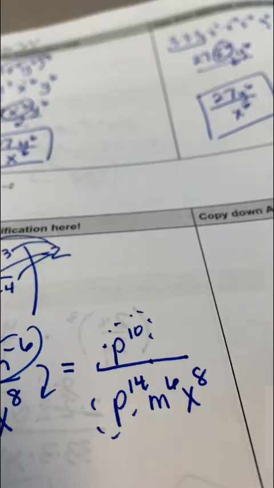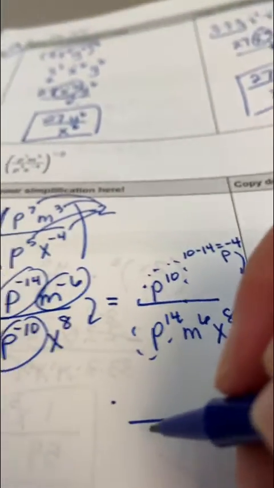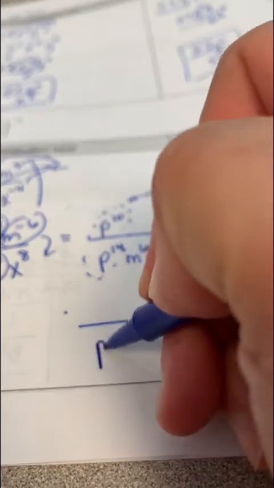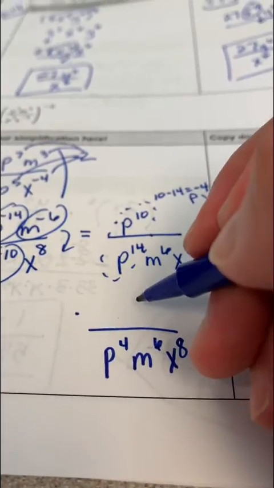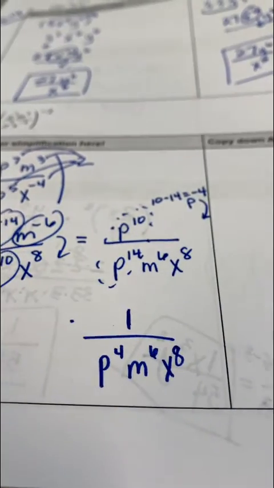Now I do want to simplify these. Okay, so I do 10 minus 14, and I get -4. So that means P would be to the -4, so I move it back down to the bottom of a fraction. So I have P to the 4th, M to the 6th, X to the 8. And I need that placeholder on top, so I just put a 1.